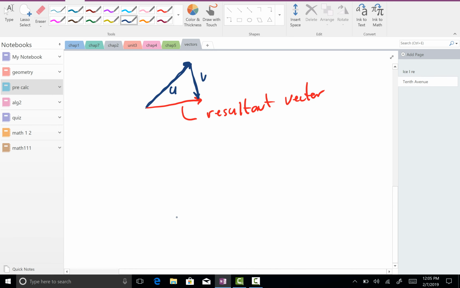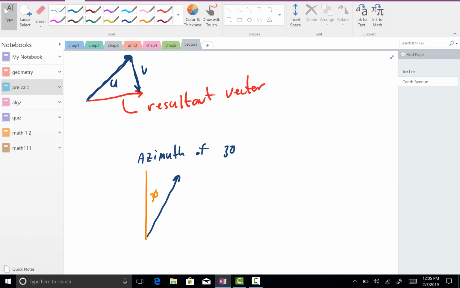So let's do another. Say we have a vector that's going at an azimuth of 30. So here's my vector, say about 30 degrees. Here's my north. All right, then I'm going to add another vector, and that vector is going to be at 120 degrees.